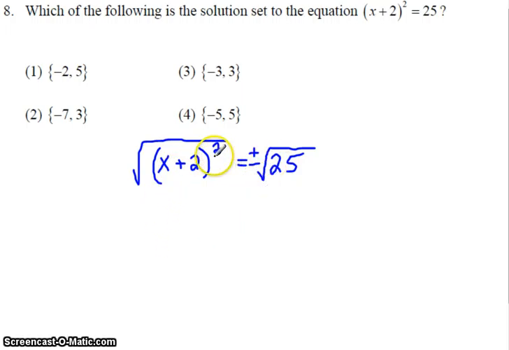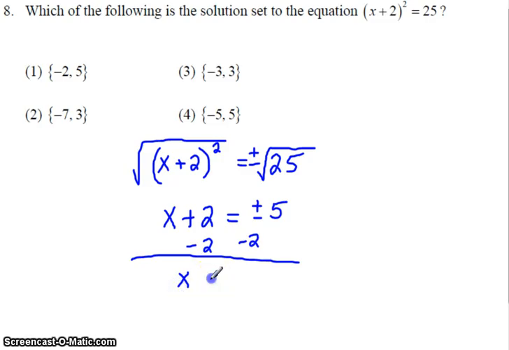So the square root undoes the square, and we're left with just x plus 2. This equals, well, the square root of 25 is 5, so plus or minus 5. We want to get x alone, so we subtract 2 from each side. We can't take the 2 from the 5, because this is really two answers. So x is equal to negative 2 plus or minus 5.